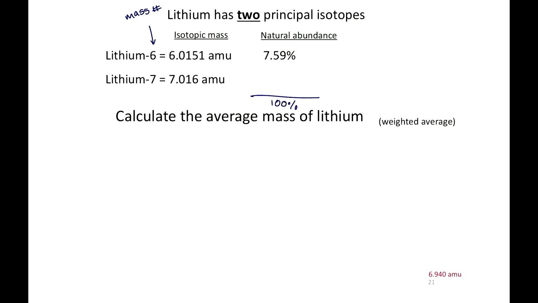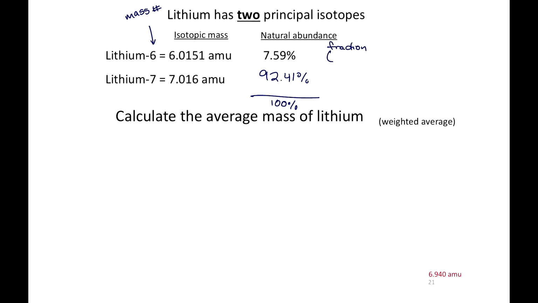And where's my calculator? So that means the natural abundance for lithium-7 is 100 minus 7.59. So this is 92.41%, right? Those are the percentages, but remember, we're going to be using the fractional form of this in our equation.